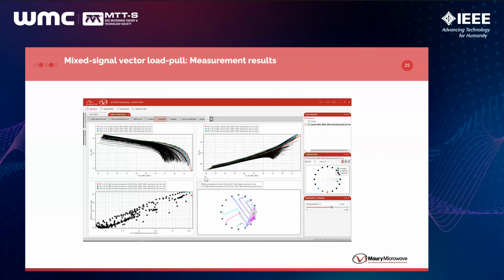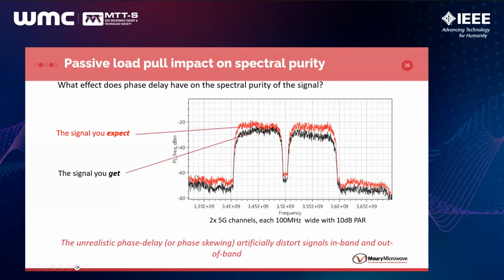So these are some of the results. I'm going to skip that. What we are doing is tuning on a wider band, so we are actually able to synthesize the impedance needed on the full bandwidth, and have the shape of the signal at the output. If we don't do that and we are just synthesizing an impedance at one frequency with the phase skew, then we change the gain with the frequency, and this is the type of results we get.